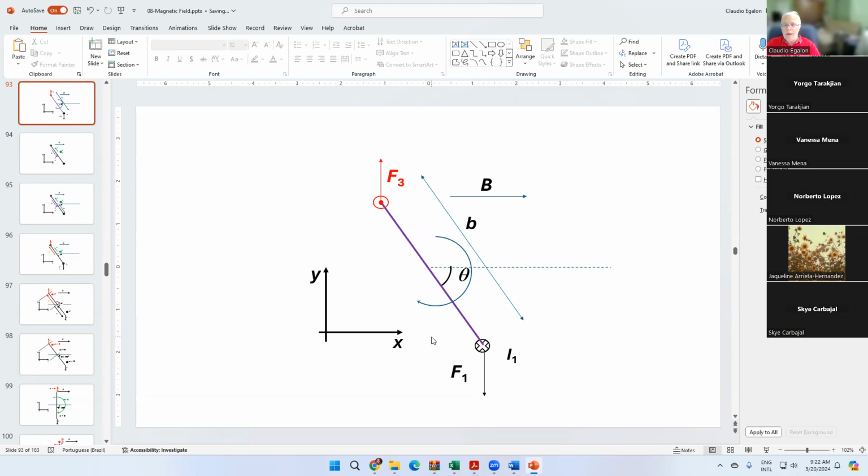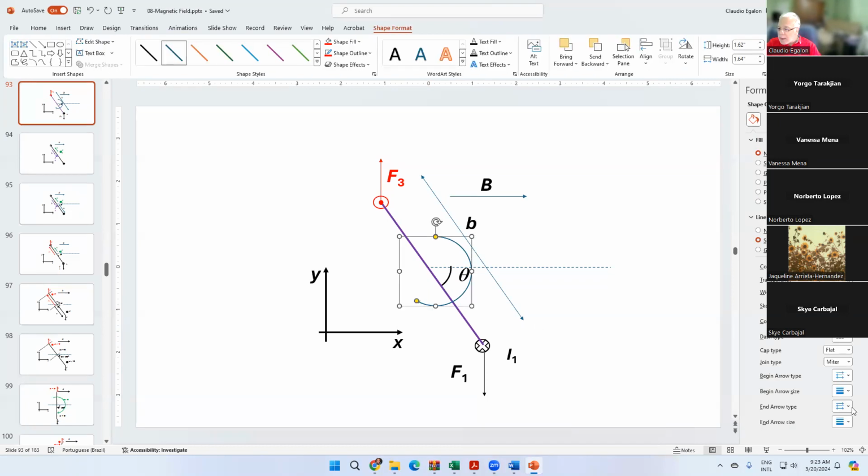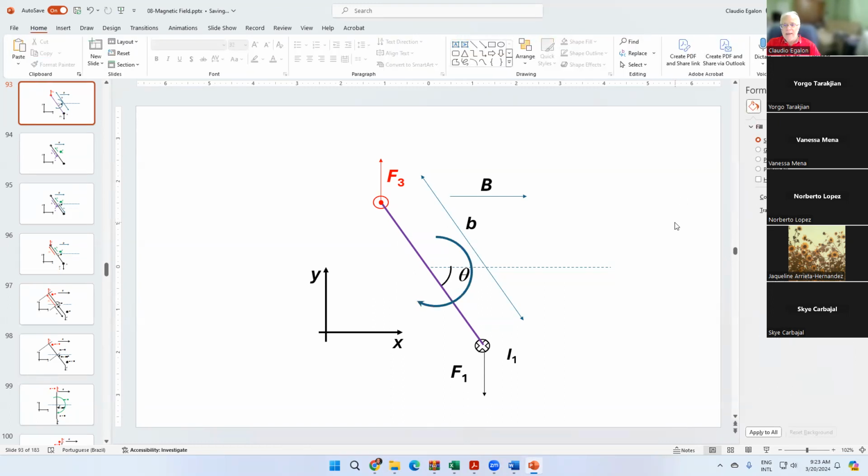So that's the torque that F1 and F3 are exerting on the loop. I want my arrow a little bit larger than that. Yeah, I can do that. Torque.